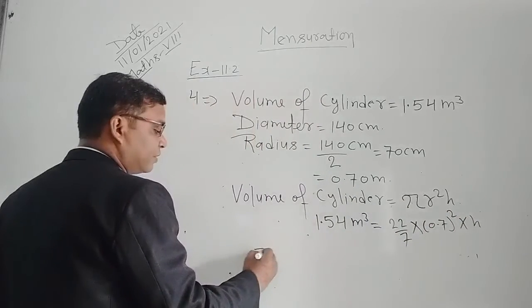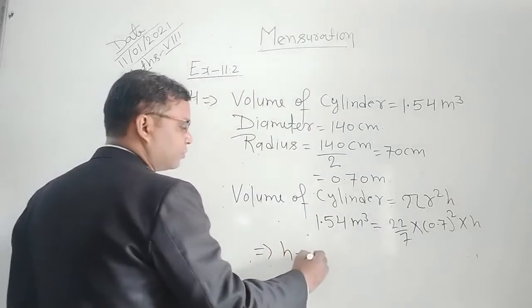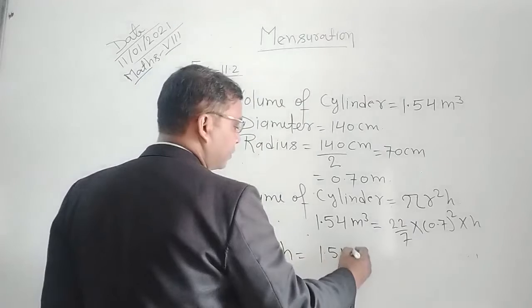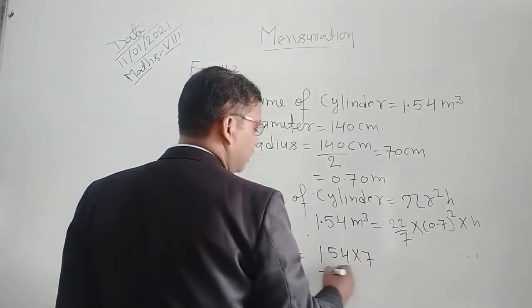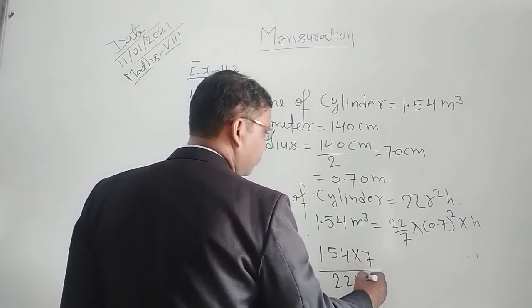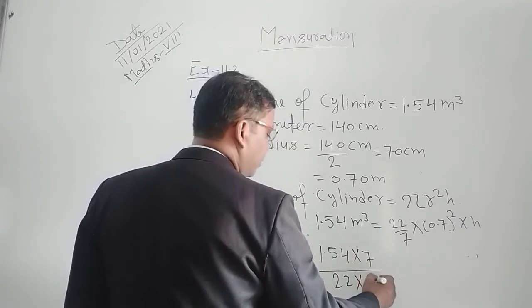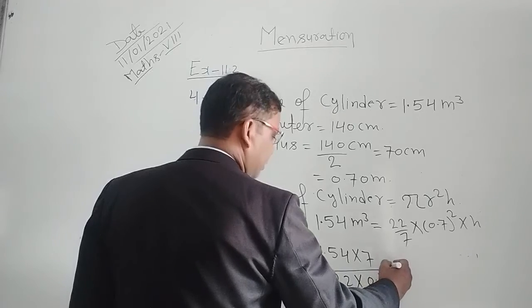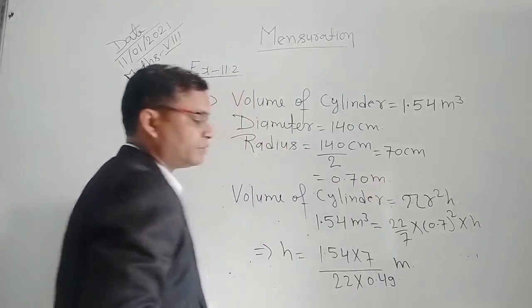And you can write here h is equal to 1.54 into 7 divided by 22 into 0.49 meter.